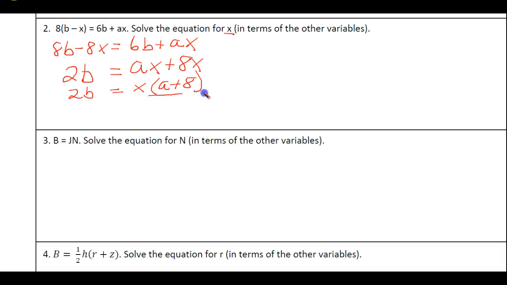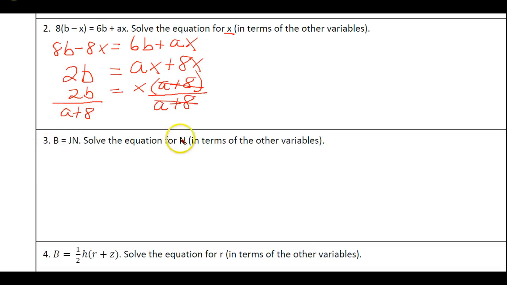And now I'm going to divide what I don't want, both sides, by a plus 8. And these just cancel out, and I get x equals 2b over a plus 8. Now in the answer key they say 8 plus a, that's fine. This way is fine too.